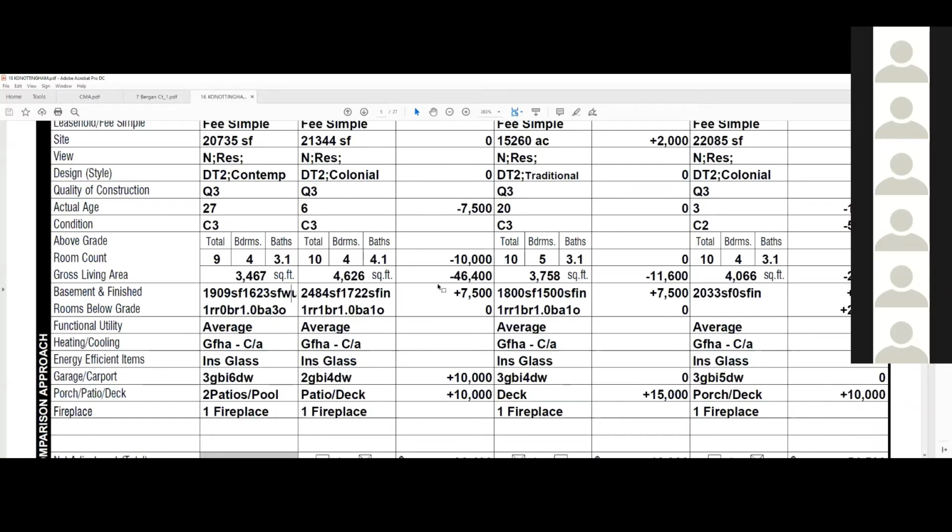Yes. So 1,800 square feet basement, 1,500 finished, and they get credit for that because of the larger basement and larger square footage finished area. So if you calculate 1,623, which is 123 square feet more, 7,500 divided by 123, he gave $60 per square foot.